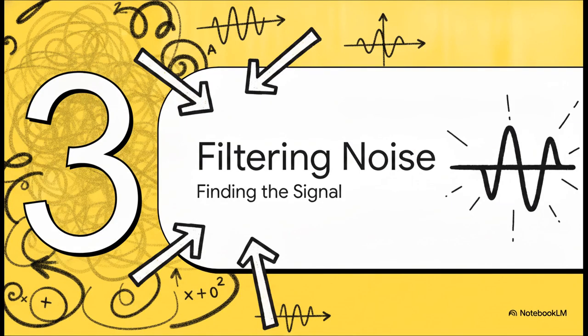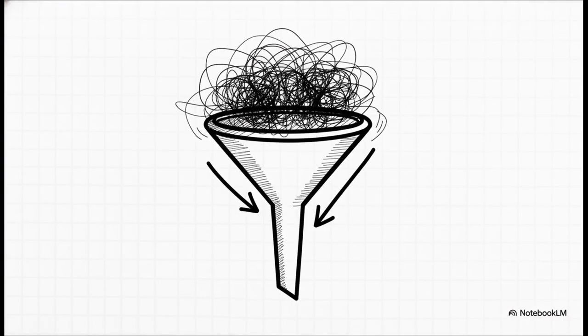Moving right along to Section 3, filtering noise through averaging, or how we actually find the signal in all this math. Now here's the catch. If you calculate a Jacobian for just one single prompt, you get a really messy picture. A single prompt conflates the model's true general understanding of a concept with the noisy specific context of that one sentence.